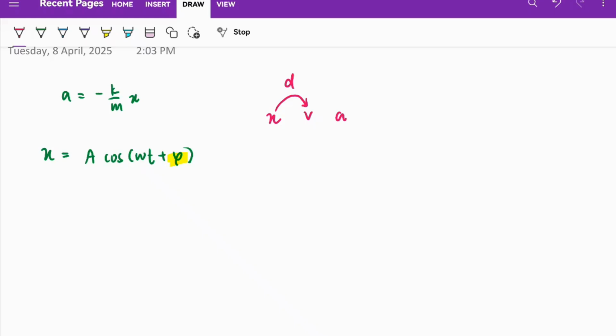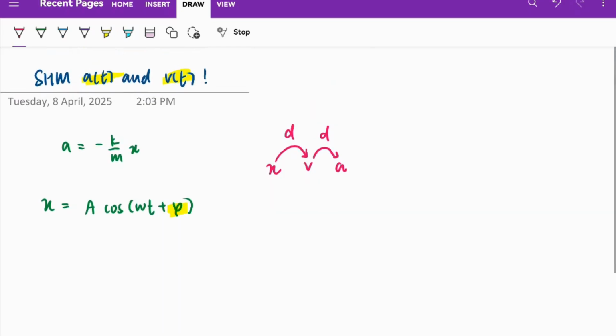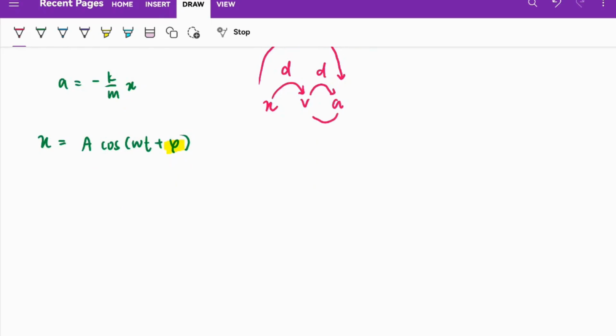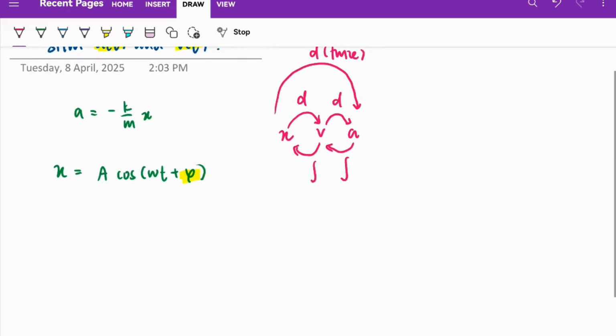And to get acceleration, you differentiate velocity. If you want to get from displacement to acceleration, it's also possible. You just have to differentiate twice. Now, going the other way around, you have to integrate respectively. Today we're not going to look at integration that much. We're going to be focusing on differentiation, most of it.